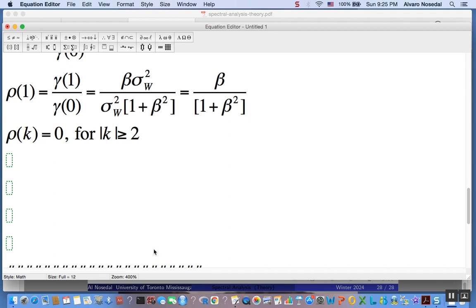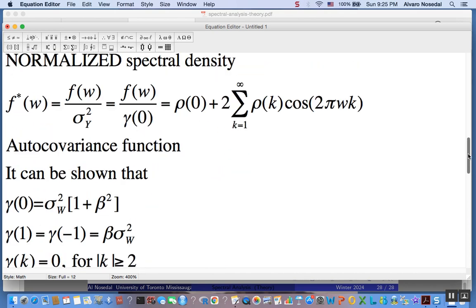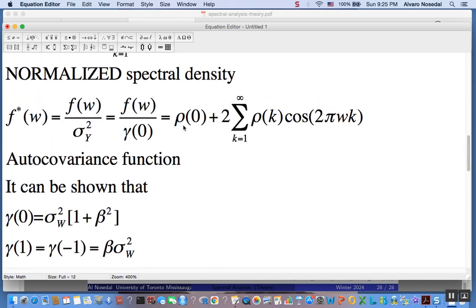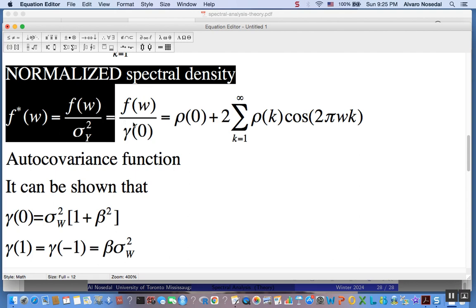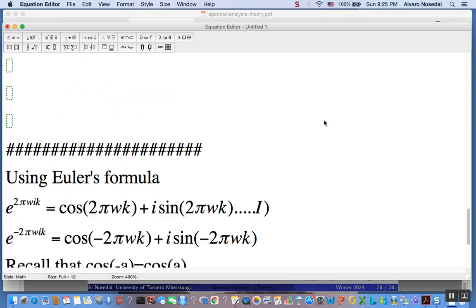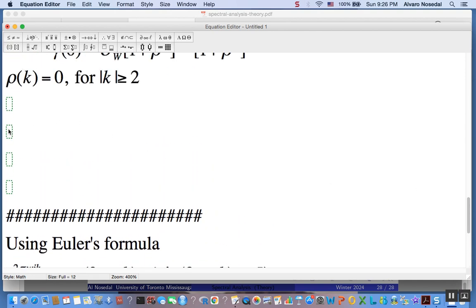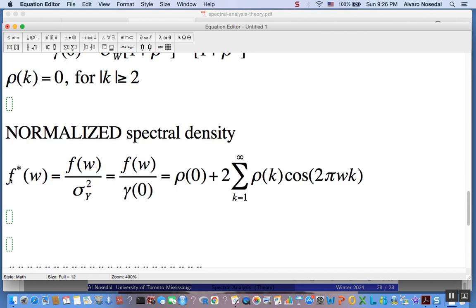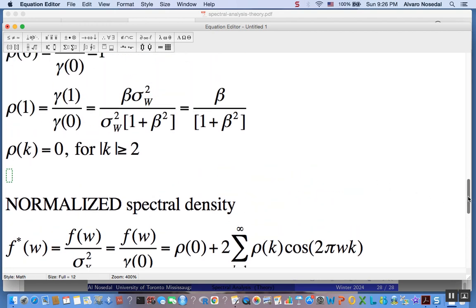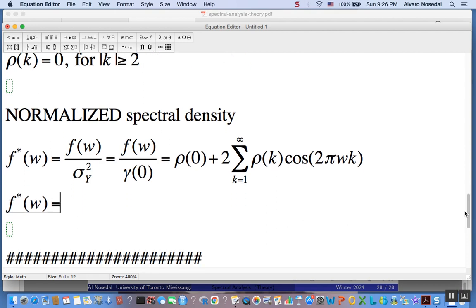So finally, applying the definition, the alternative definition, f star at w happens to be rho at 0, the autocorrelation function, which is 1.